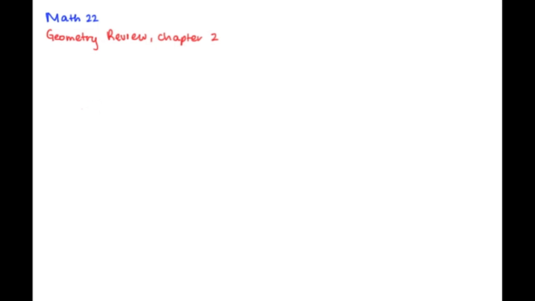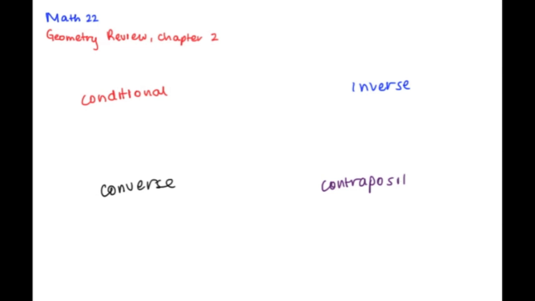Now there are different operations that we can do with these conditionals, and there are four. We have the default conditional, and then we have the inverse, the converse, and the contrapositive of a conditional.